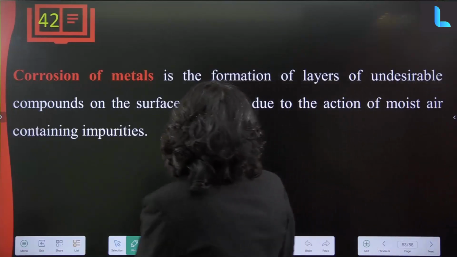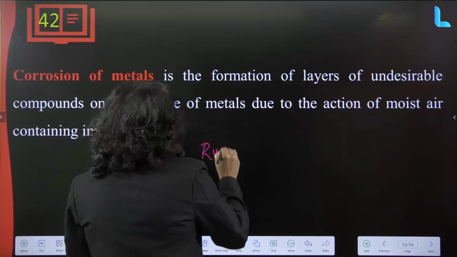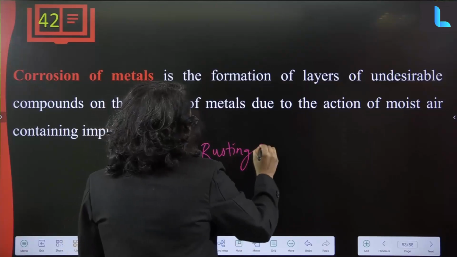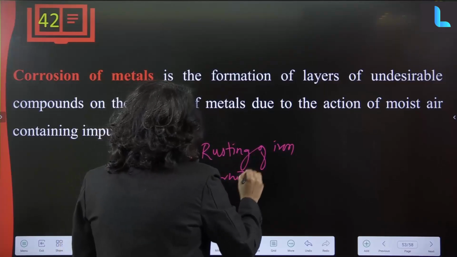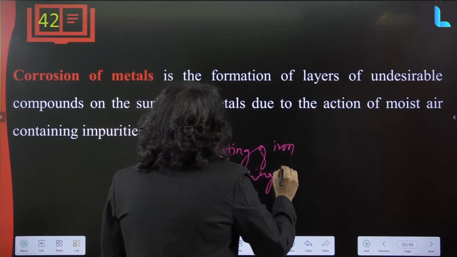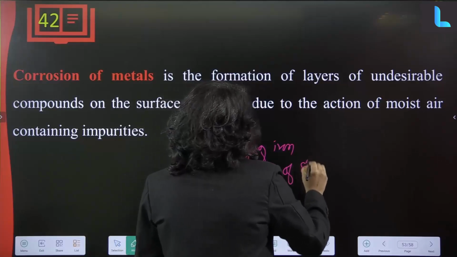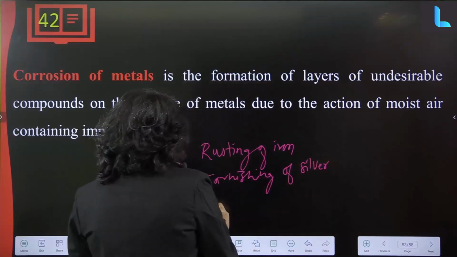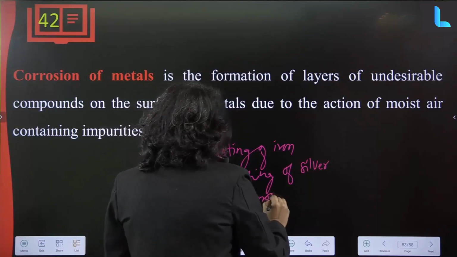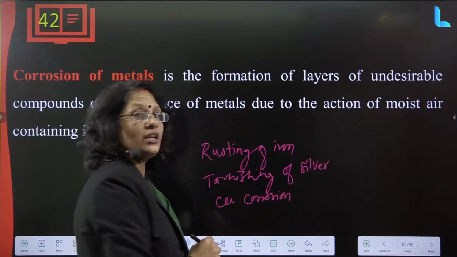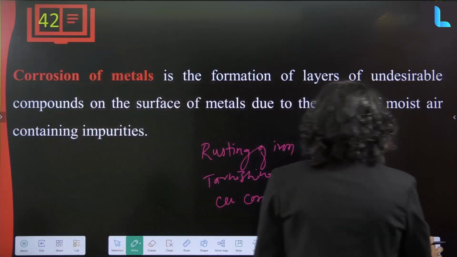There are different examples of corrosion. One is rusting of iron, one is tarnishing of silver; silver articles you would have seen turn black. And then copper corrosion: copper also develops a green coating, which is called basic copper carbonate.